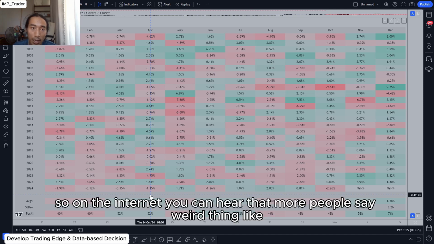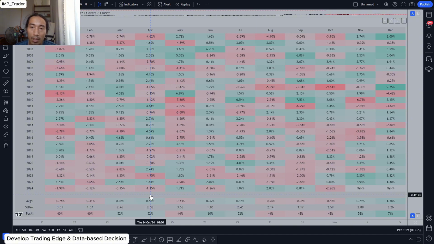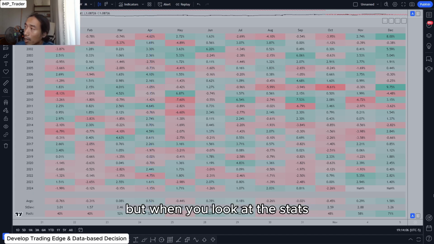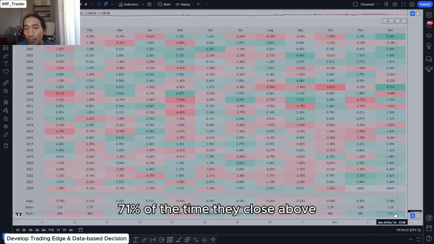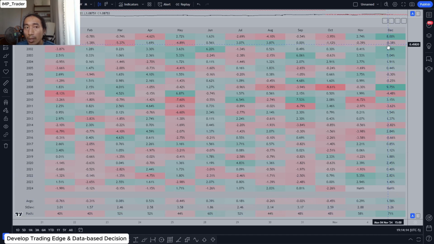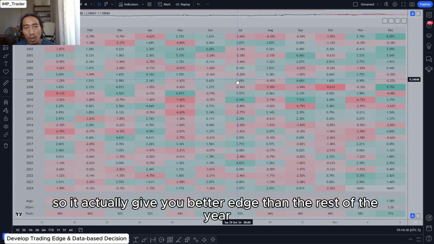On the internet, you can hear many people say weird things like December is dangerous to trade. But when you look at the stats, you actually see that 71% of the time December closes above the monthly open. So it actually gives you a better edge than the rest of the year.